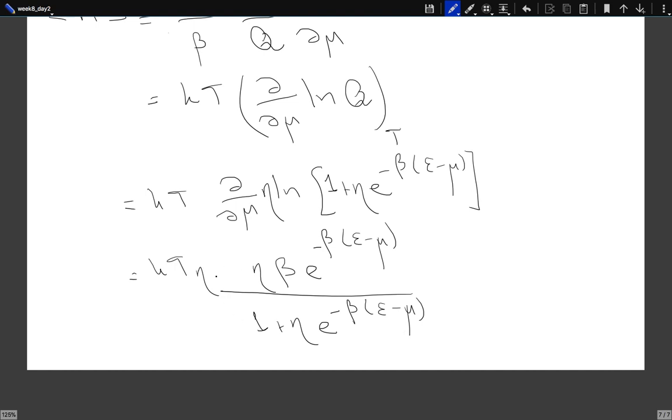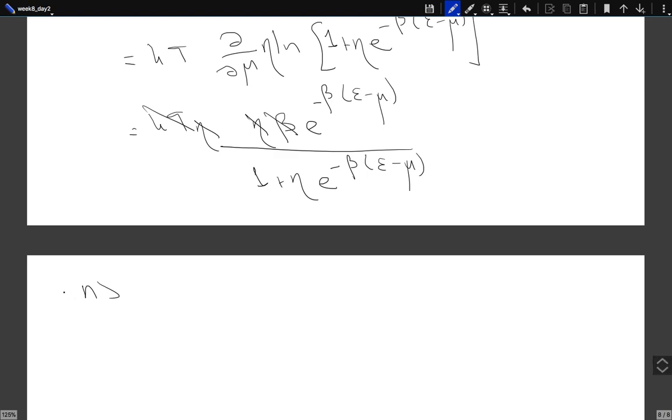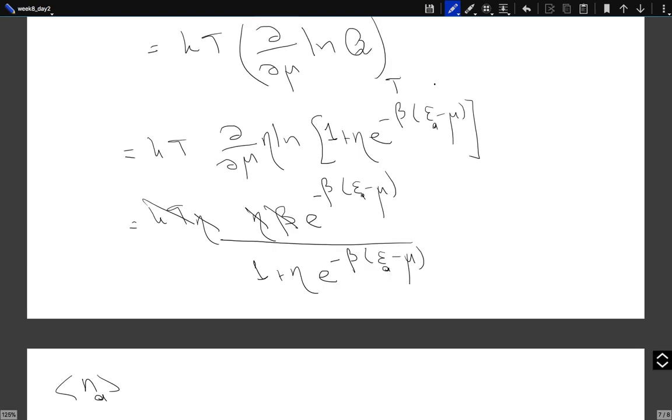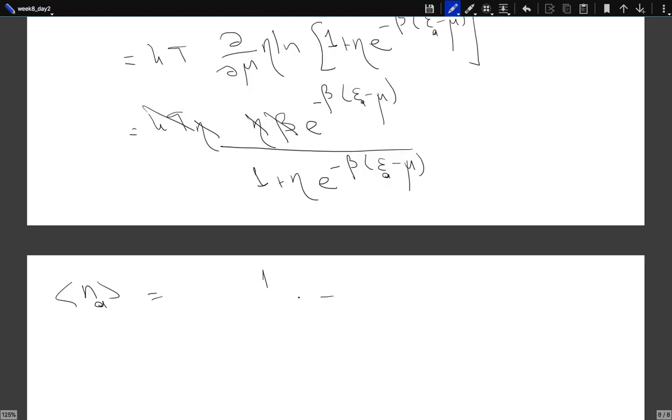Well, eta is either plus or minus 1, its square is always 1. Beta is 1 over kT. So the average number of particles in a given single particle state, let's put the index A over there, this is epsilon A, is just equal to 1 over e to the power beta (epsilon A minus mu) plus eta.